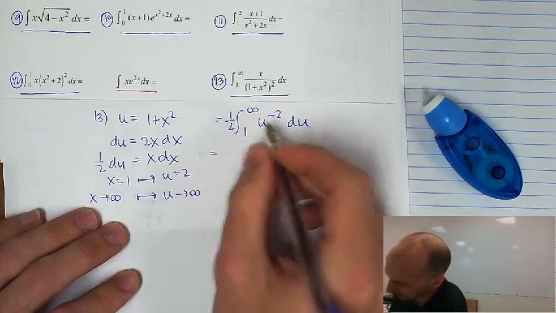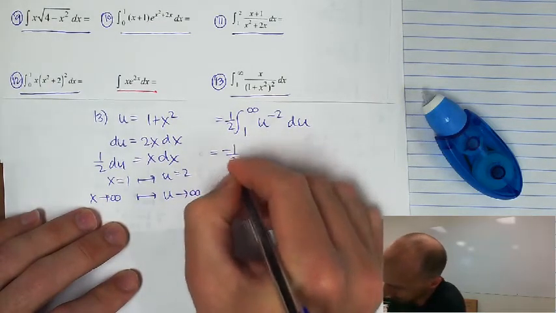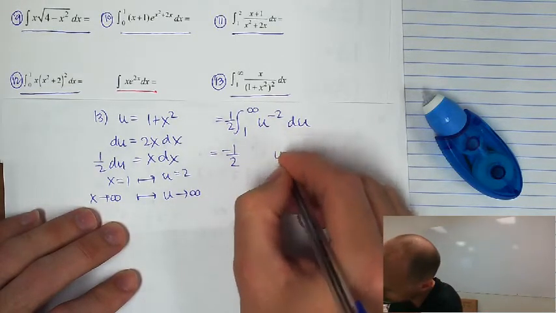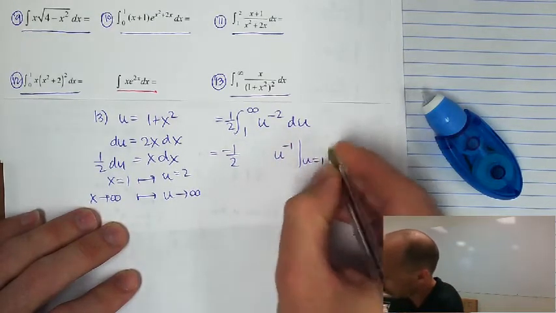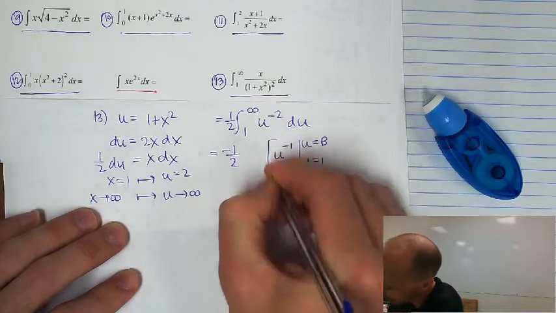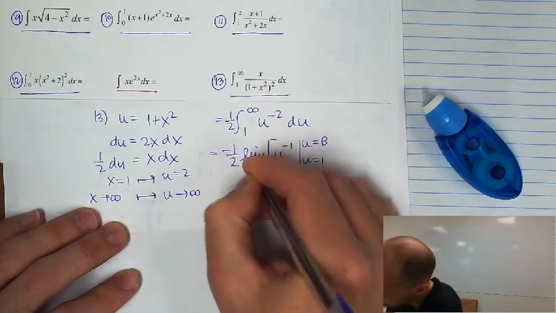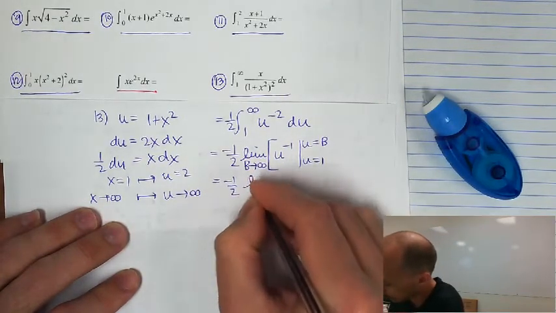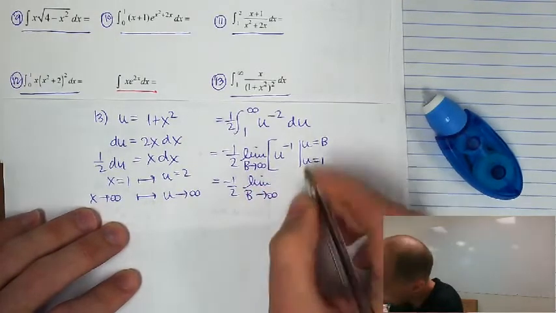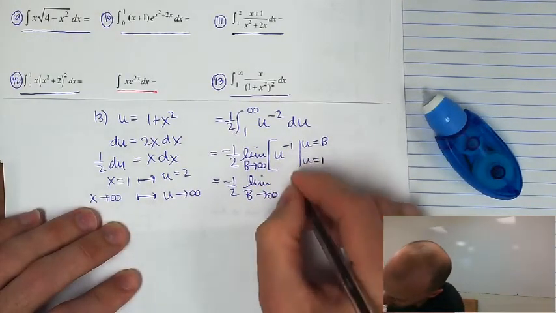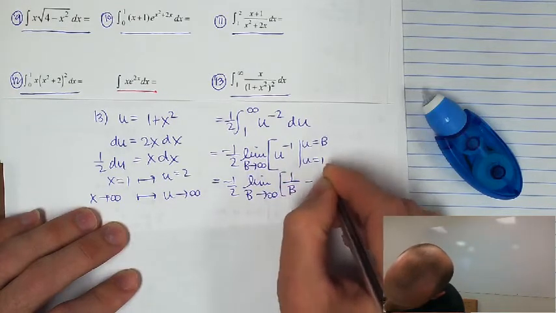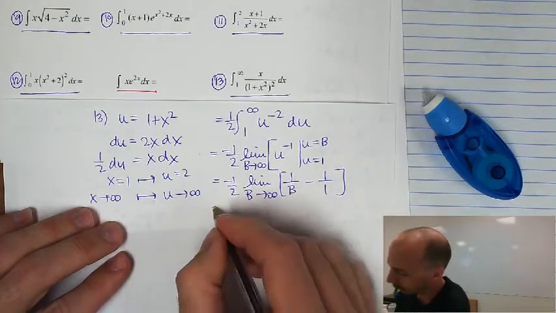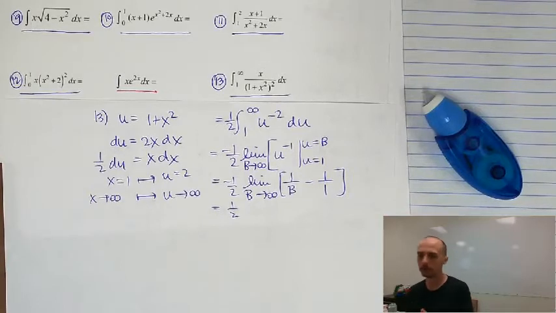So that will be negative 1/2 u to the negative 1, as u runs up to b, and we'll take the limit as b goes to infinity. u to the negative 1 is 1 over u, so negative 1/2 times 0 minus 1 is going to be positive 1/2. That's all the u-du wants.